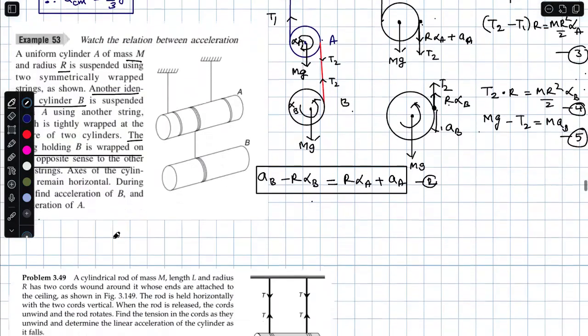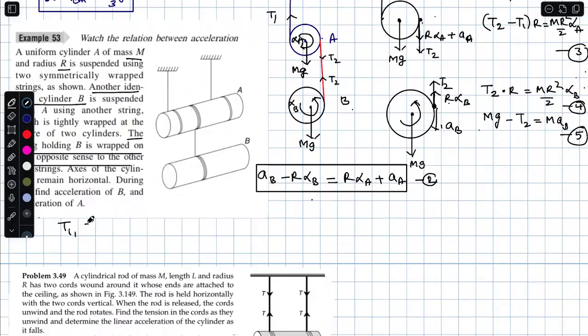What are the unknowns? T1 is an unknown, T2 is an unknown, alpha A is an unknown, alpha B is an unknown, AA is an unknown, AB is an unknown. So you require actually 6 equations.